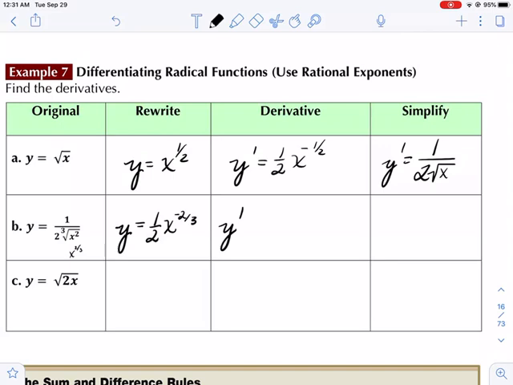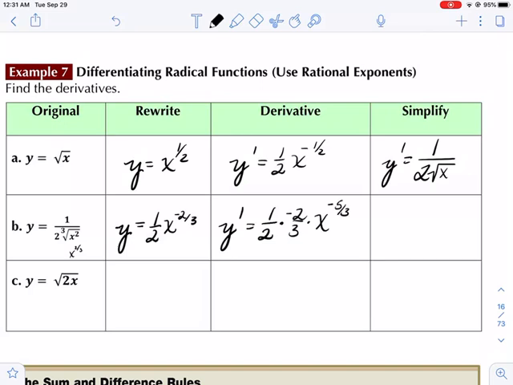So now, completing the derivative, I have 1/2 out front, and then it's going to be times a negative 2/3 times x to the negative 2/3 minus 1, which is negative 5/3.